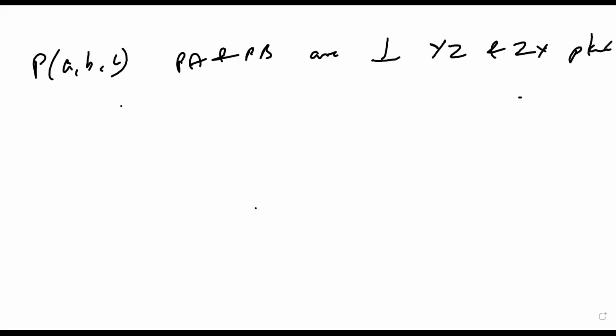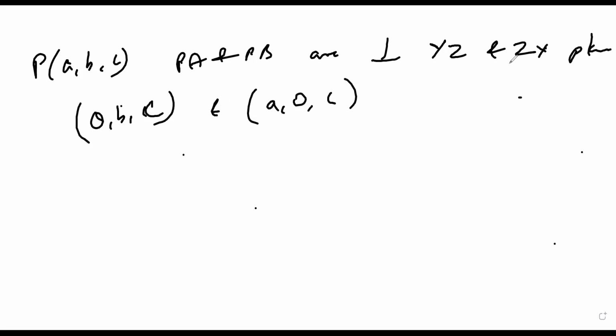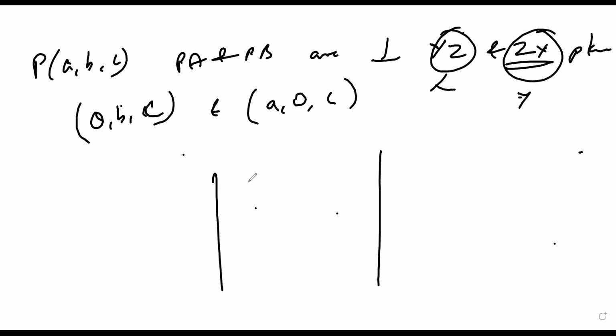Yes, YZ in the sense obviously X is 0, so it will be 0, B, C. Another will be A, 0, Z for ZX, because on ZX the Y component is 0. Then I have to just find the determinant of this. XYZ, I'll write it down.